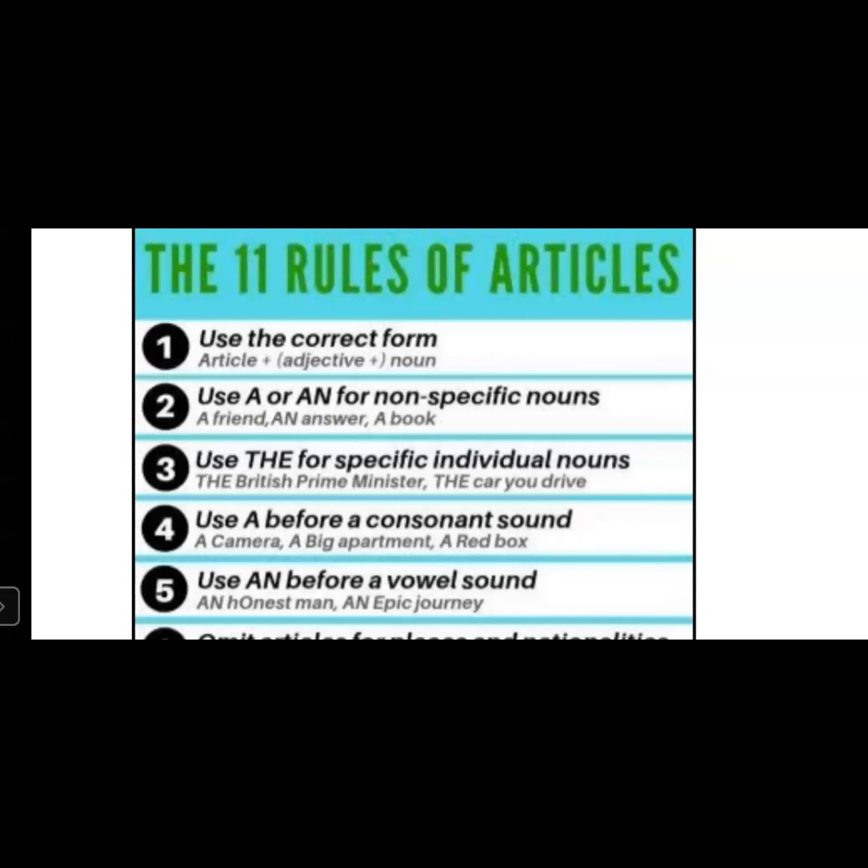While pronouncing, we are only using O instead of H. While writing, we have to write H, but while speaking, we pronounce it with O. That's why the H is silent, and because of that we are writing an honest man. Then an epic journey. Okay. Now, you have to use the for a specific individual noun.